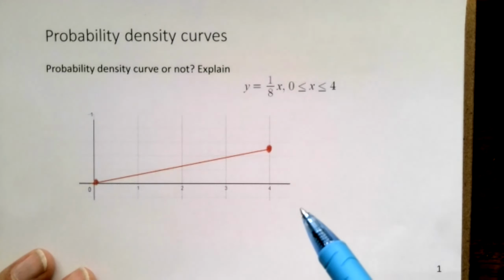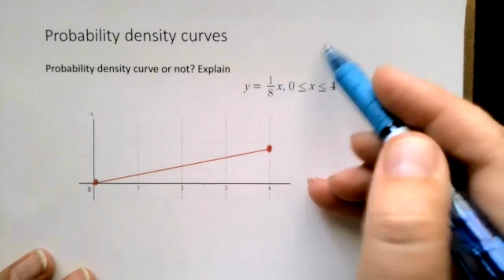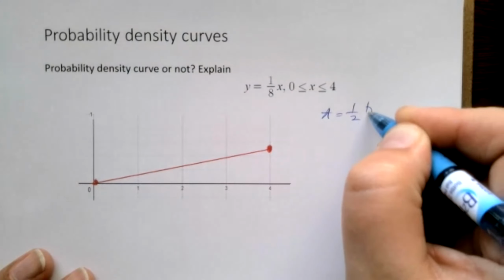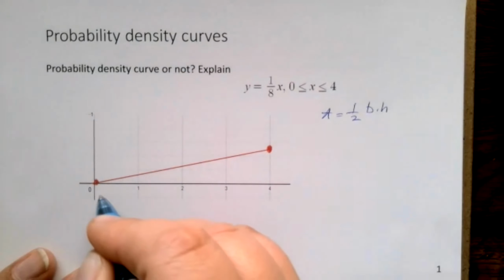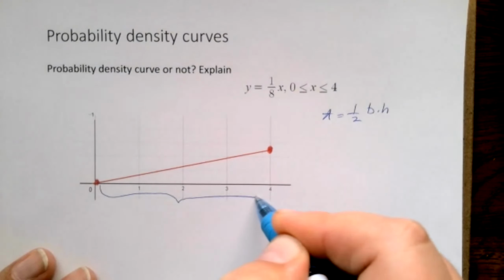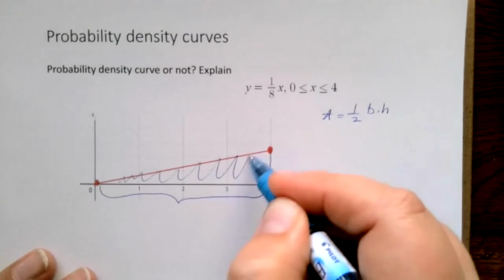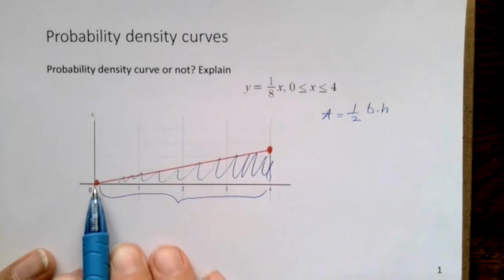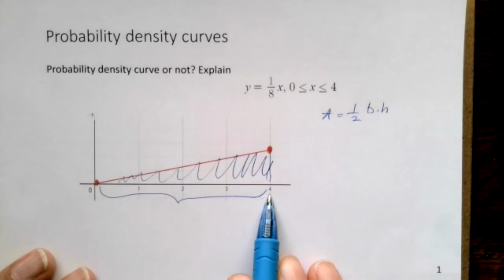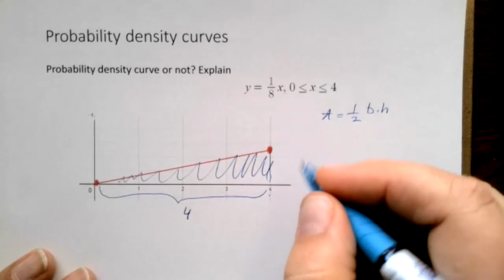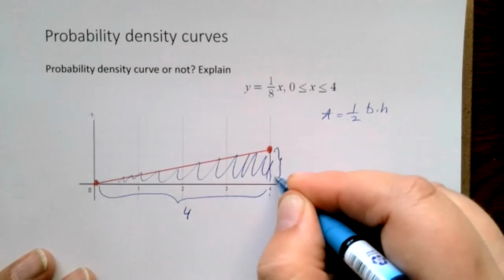What about the area? Remember, the formula for the area of a triangle is 1/2 base times height. What is the base of this triangle right here? The base is from 0 to 4. So the base is 4. Now, the question is, what's the height there?